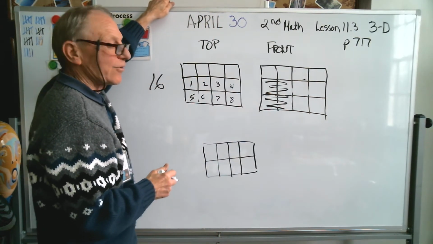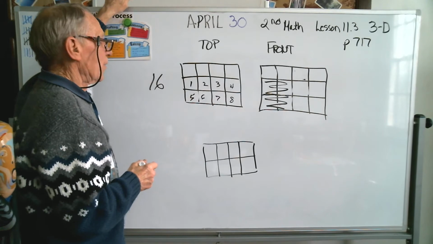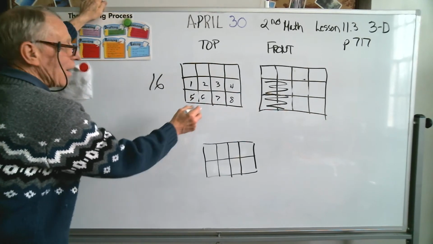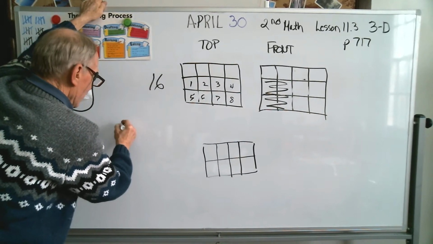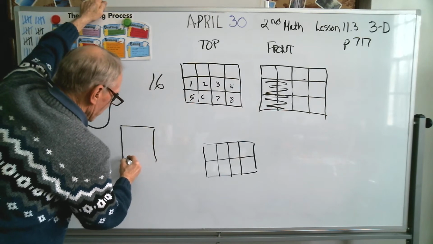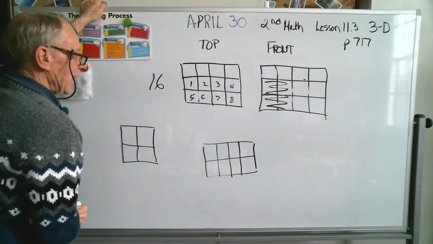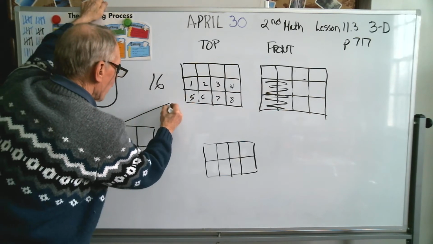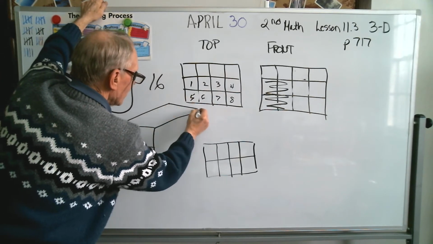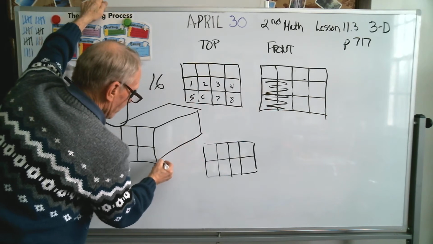So this box, if I drew it, would look like this. I would have those 4 units on the front, and then I would have to go 4 in this direction as well.